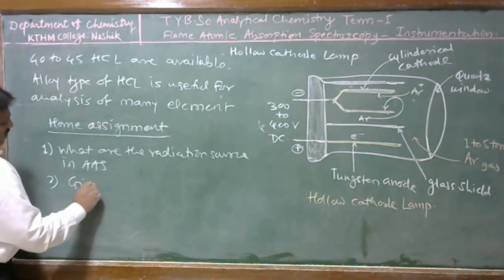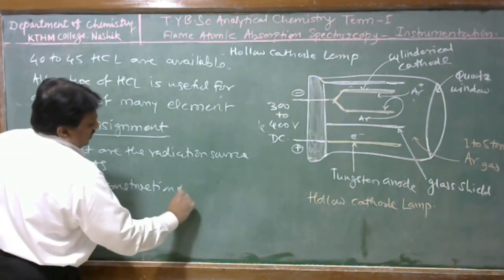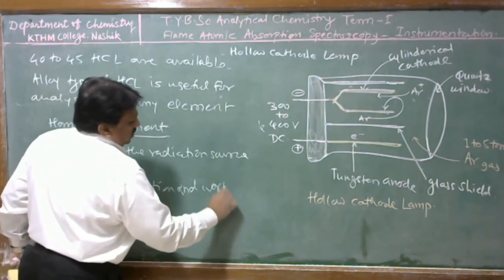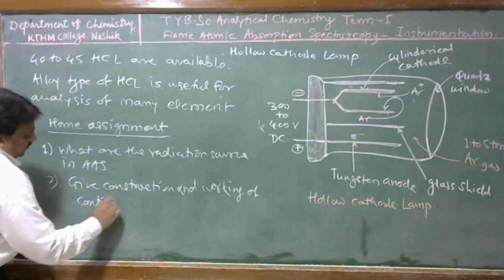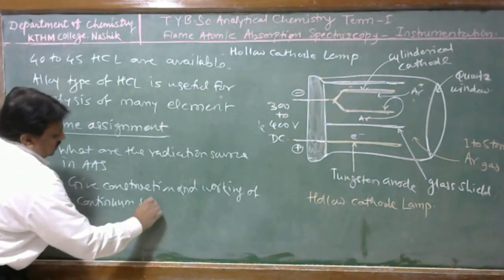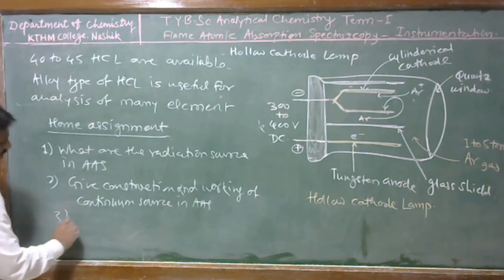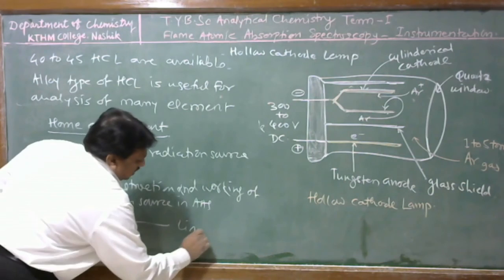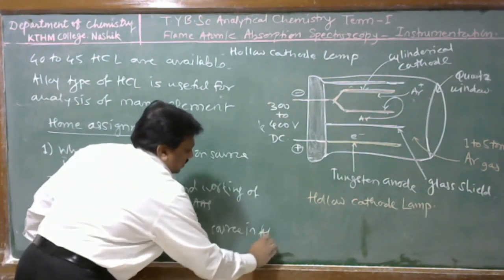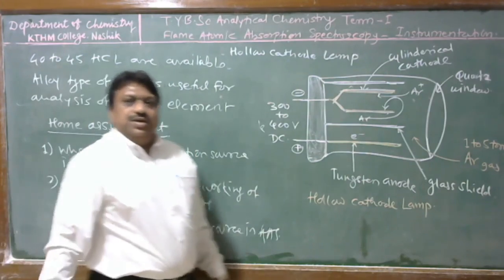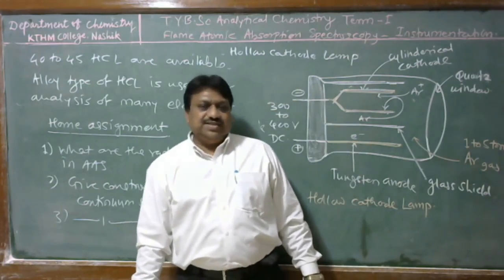Second, give construction and working of continuum source in AAS, and number 3, give construction and working of line source in AAS. Here you can find the answers to these questions from today's discussion.